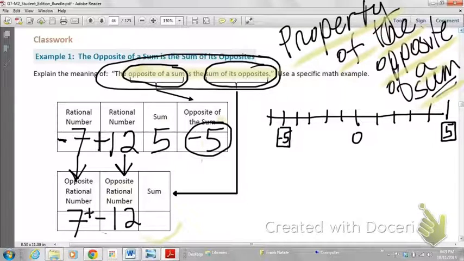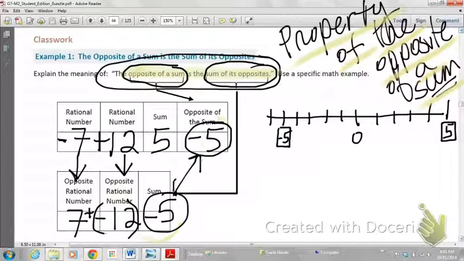So if we add 7 plus a -12, guess what we get? A -5. Once again, we could do more and more of these. We'll have time to practice probably later on in the problem set, I'm hoping. Anyway, just know that this property will crop its head up again. So please beware.